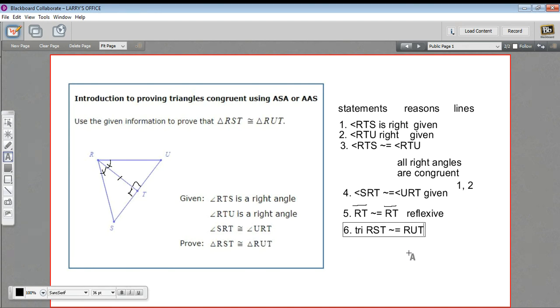The reason here is the angle side angle property of triangle congruence, and the lines that it refers to, you want to pick out the lines that have the two angles being congruent and the segment being congruent. That would be line 3, line 4, and line 5. So the lines here are 3, 4, 5. And that should complete the proof. So that's a little bit of work with proving a triangle is congruent by angle side angle.